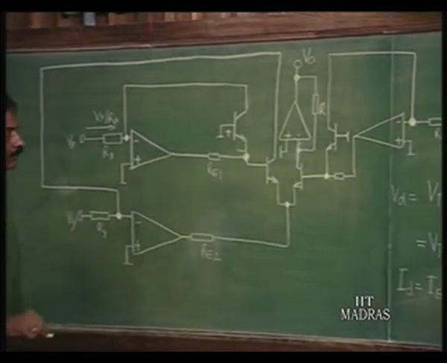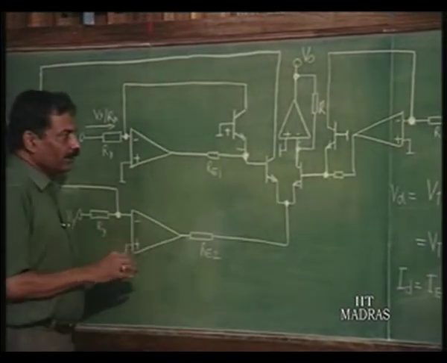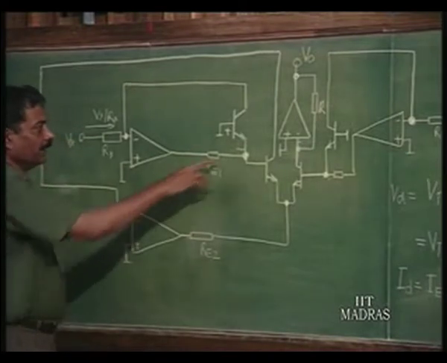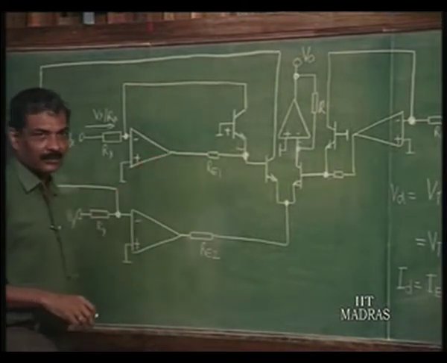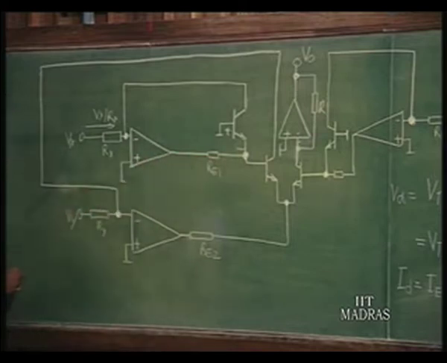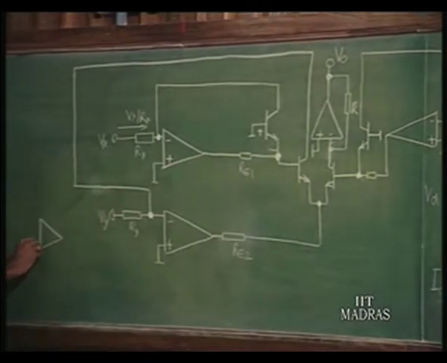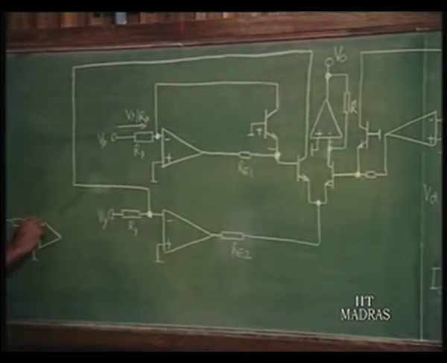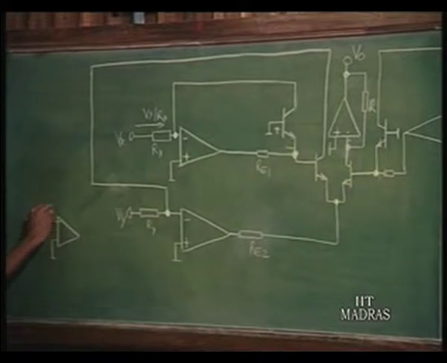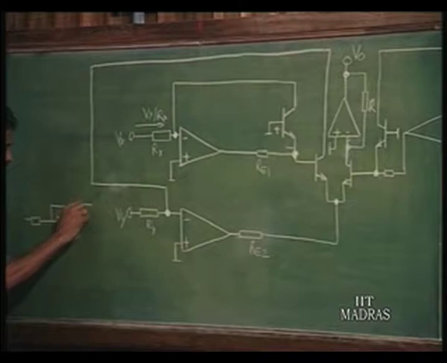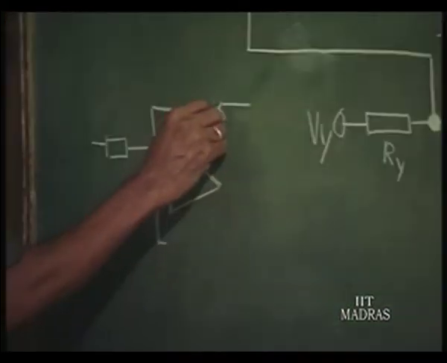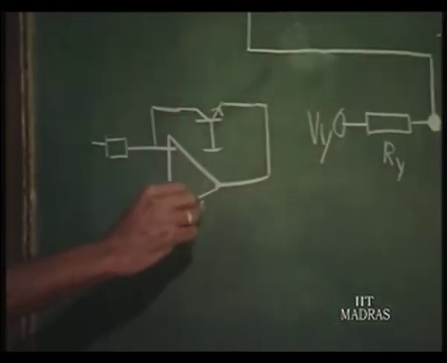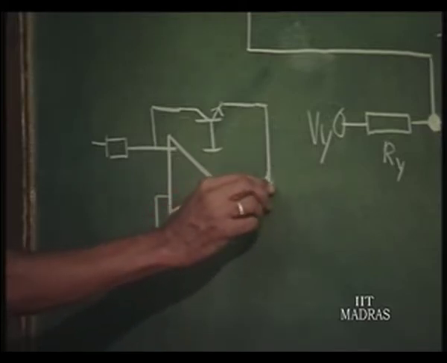Now, I just want to digress a little bit and say why this is not connected here. This particular thing is not connected here because look at this log amplifier of ours. This is what we discussed as a log amplifier.